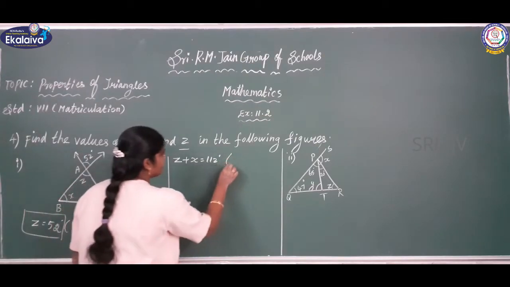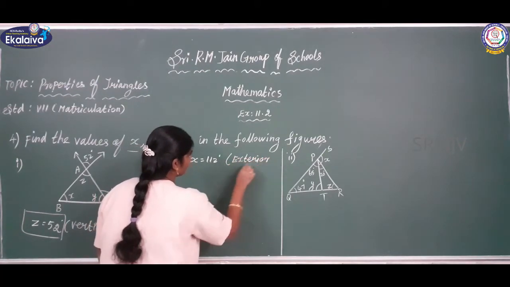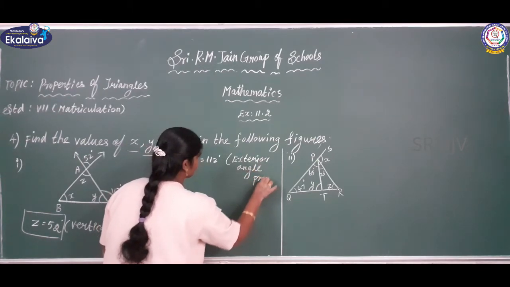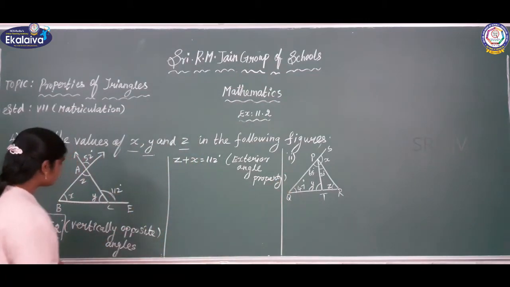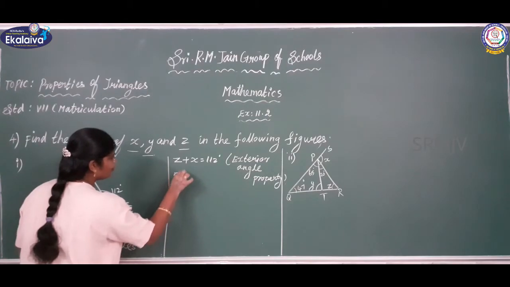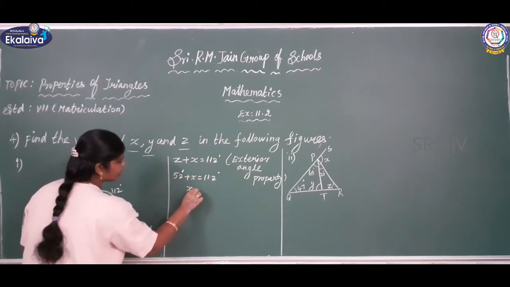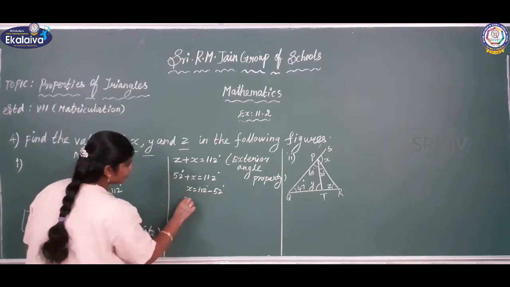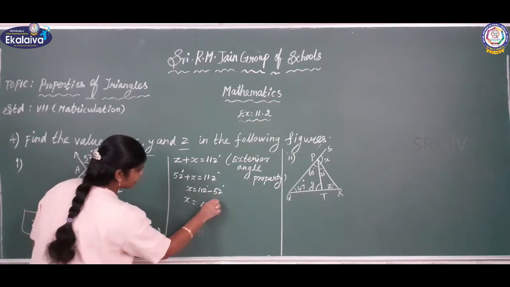Exterior angle property. So here substitute the z value 52 degrees. So 52 plus x equals 112 degrees. X equals 112 minus 52 degrees, so x equals 60 degrees.